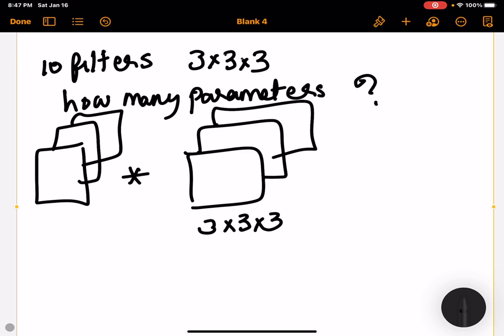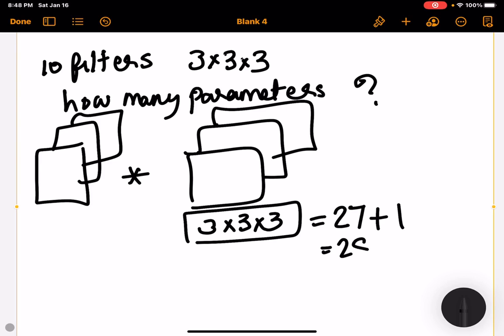So if I have a 3 cross 3 cross 3 filter, then the number of parameters that my network should learn is 3 into 3 into 3, which is 27, plus a bias value, which is 28 parameters.